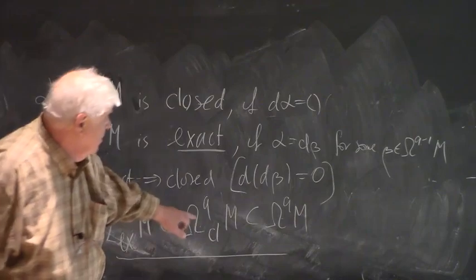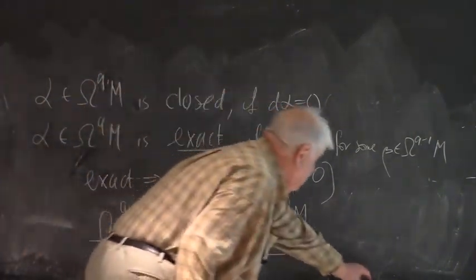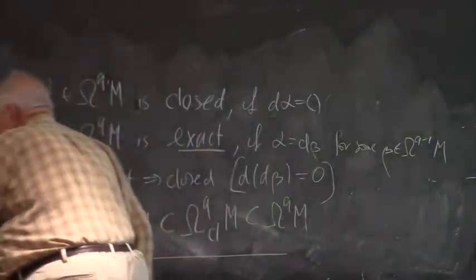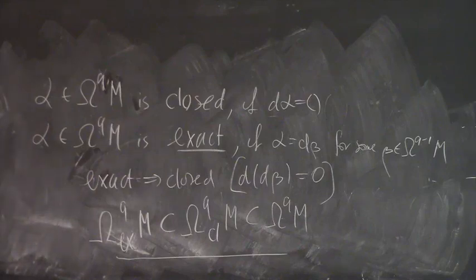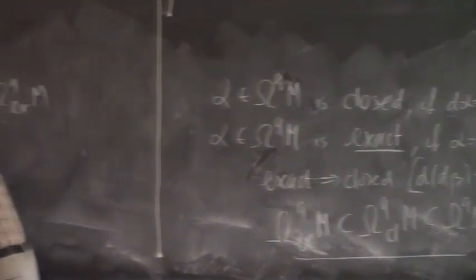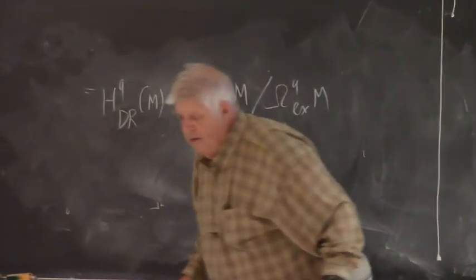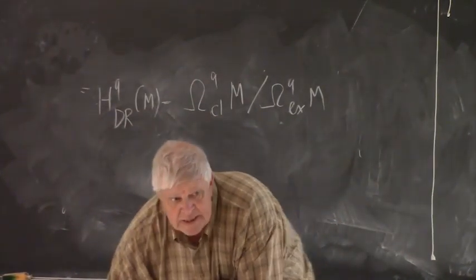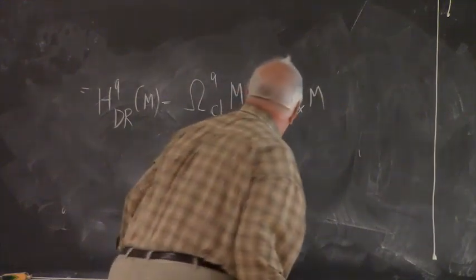This inclusion actually gives us a possibility to take the quotient. This quotient space is called the qth de Rham cohomology of M, de Rham.